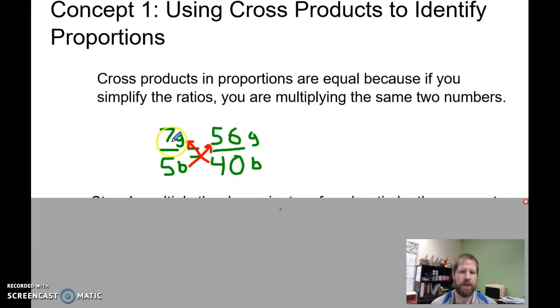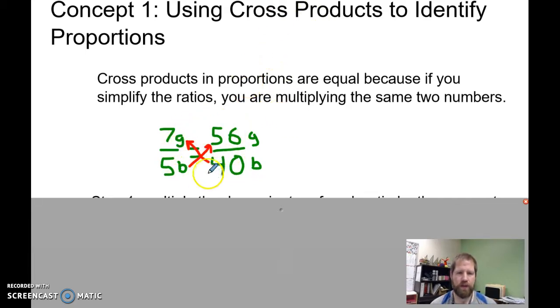So if I ended up multiplying boys times boys, that wouldn't work. That wouldn't give me a good cross product, and I'd have to check that my ratios are set up the same. In a proportion, you should always have your units on the top be the same and your units on the bottom be the same.